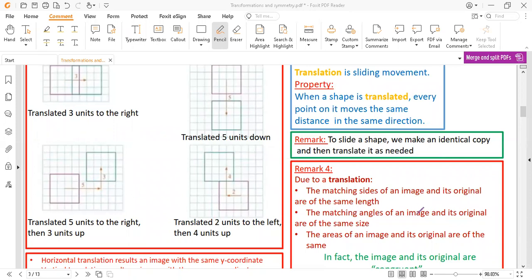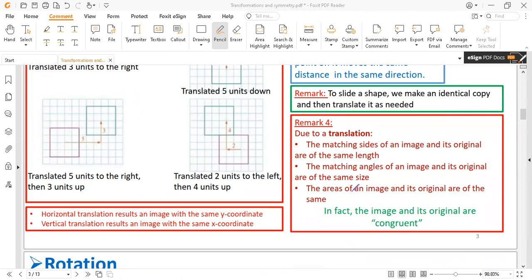The matching angles of an image and its original are the same size. The areas are conserved, so the image and the original have the same area.